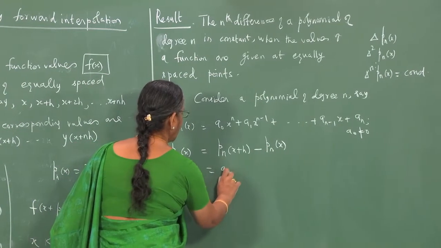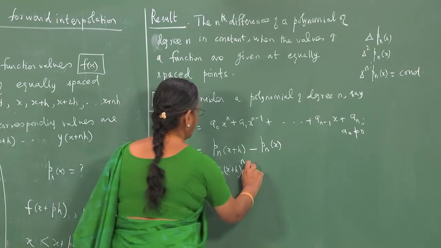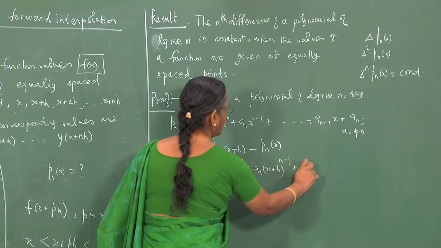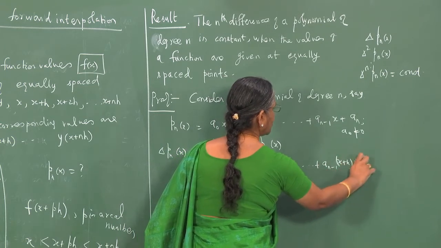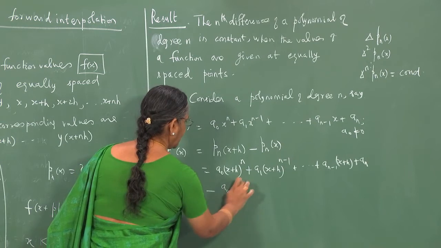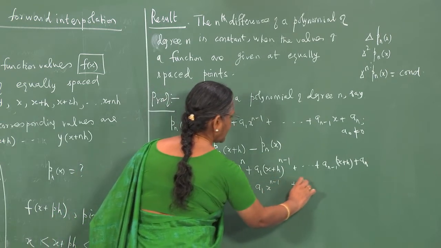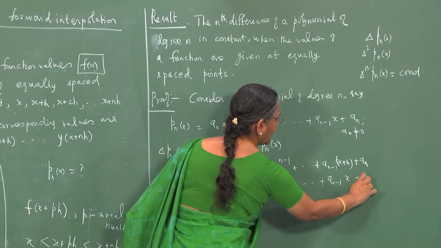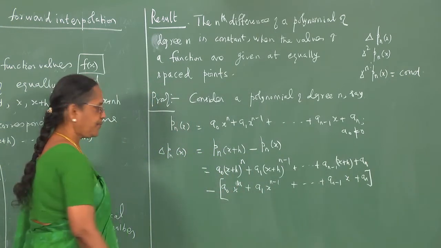So, we write down a naught into x plus h to the power of n plus a 1 x plus h power n minus 1 plus etc. plus a n minus 1 into x plus h plus a n, minus a naught x to the power of n plus a 1 x power n minus 1 etc. plus a n minus 1 into x plus a n, and this must be subtracted.